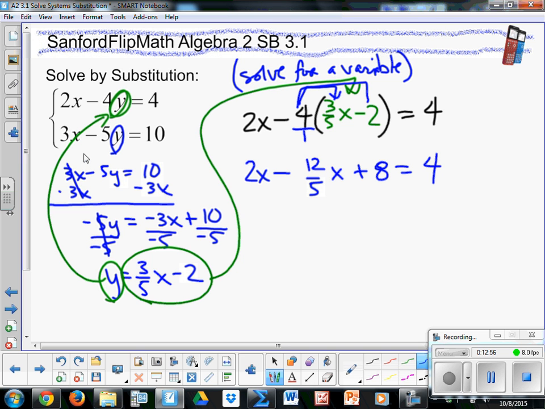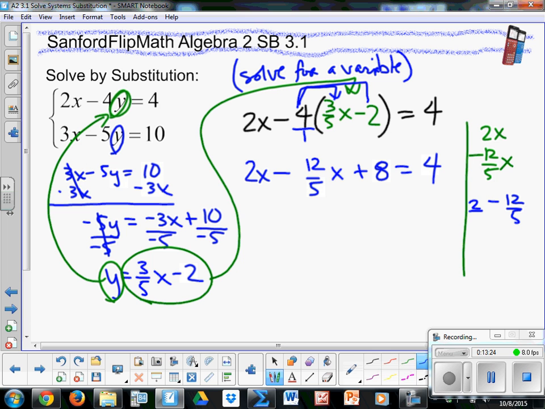Well, I'd like to combine some like terms. I know some of you are going to want to make that into a decimal. I guess you can. I'm going to work with it like it is. So a quick little side note here: 2x minus 12/5 x. Well, 12/5 is fifths. In order to subtract fractions, I need to have a common denominator.